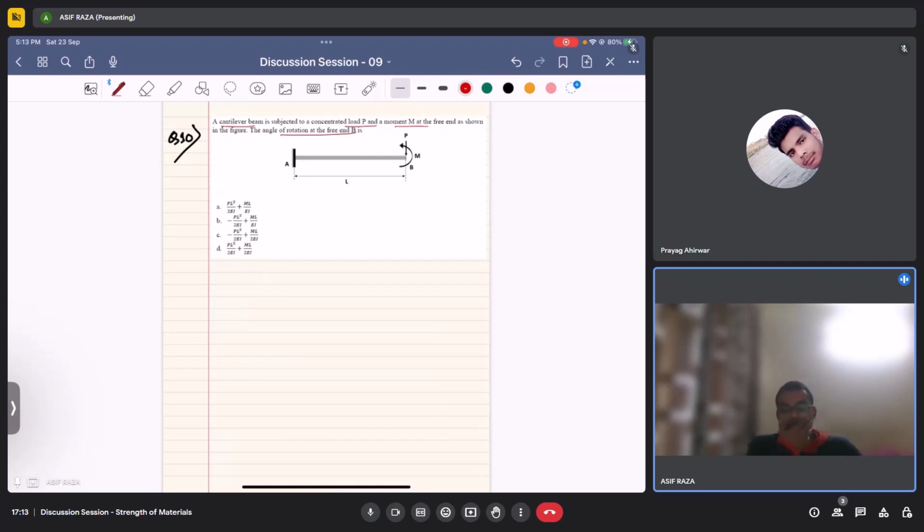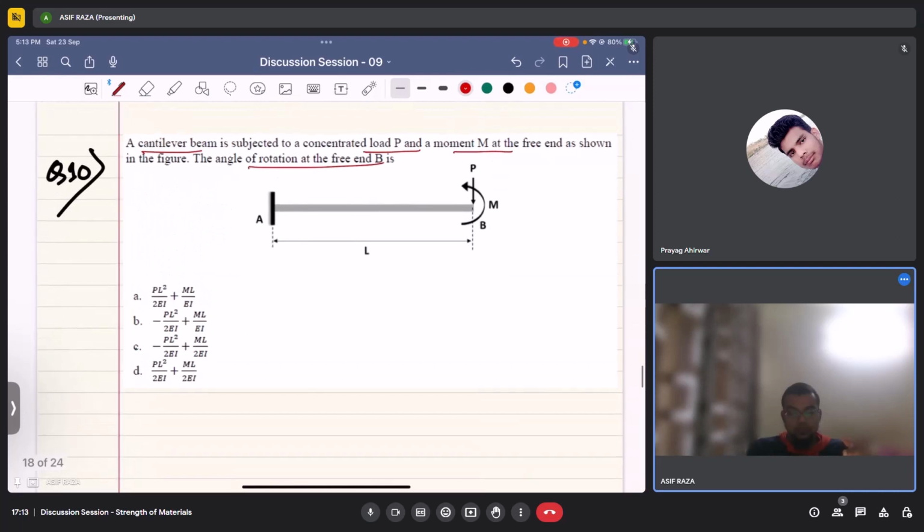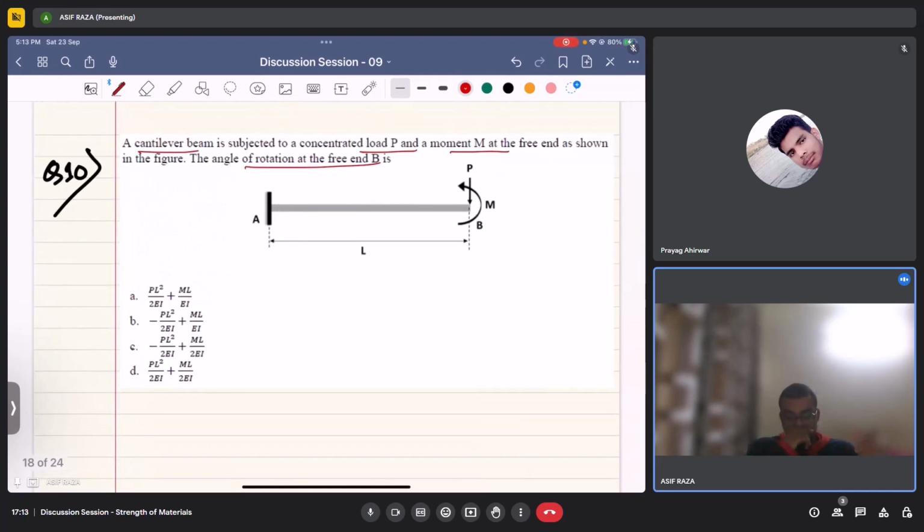Can you guess which would be the correct answer out of the 4 options provided? We'll magnify it a bit. So this is the case: a cantilever beam is subjected to a concentrated load P and a moment at the free end. The load P is acting downwards while the moment is acting clockwise at the free end. So we want to calculate the angle of rotation at the free end, and the options are provided.